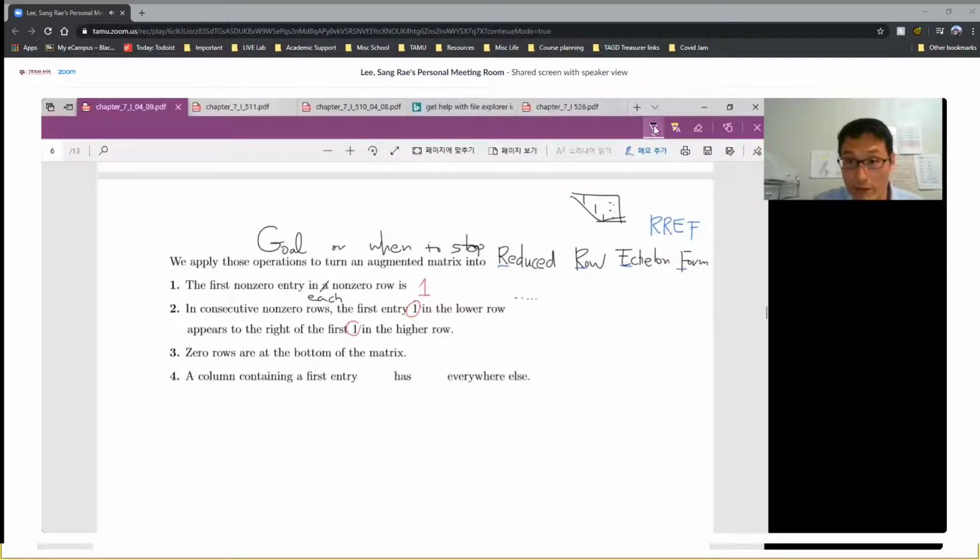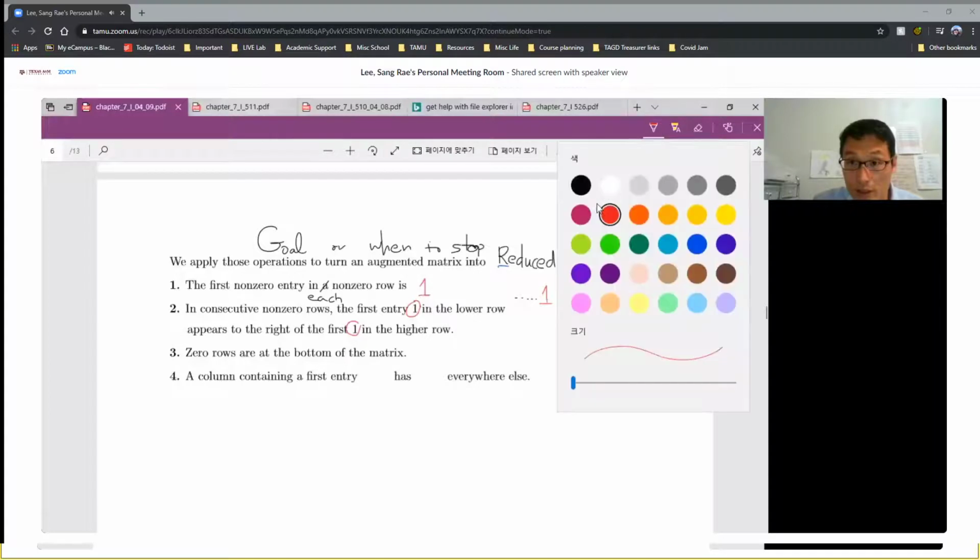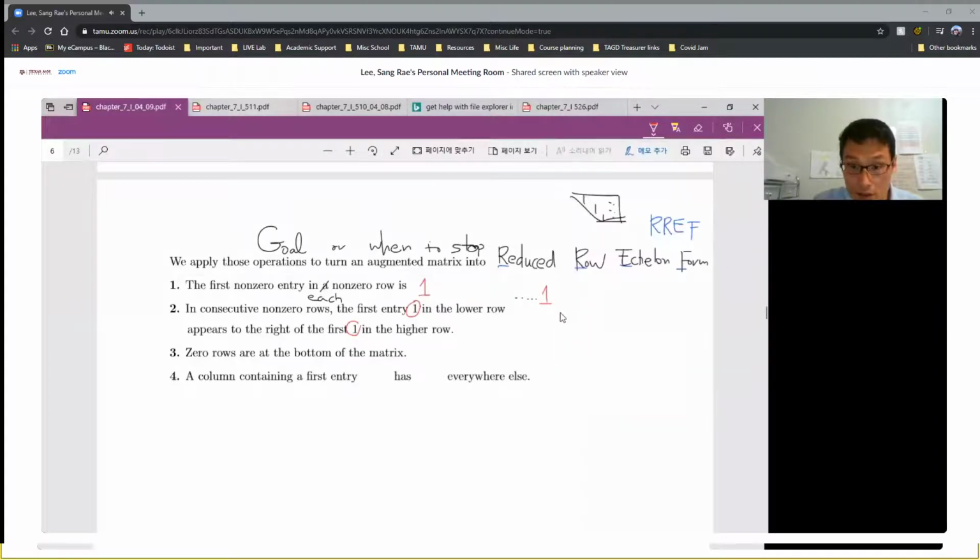Say you have a matrix like this. Suppose you have 2 consecutive rows. This is what I meant. The 1 in the lower row must be to the right of the 1 in the upper row.